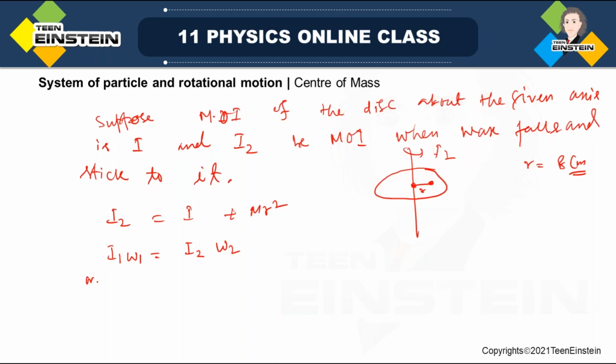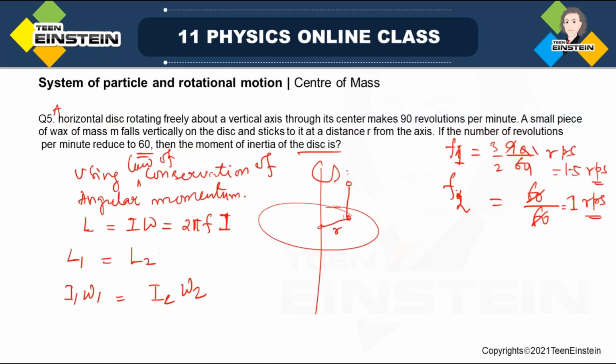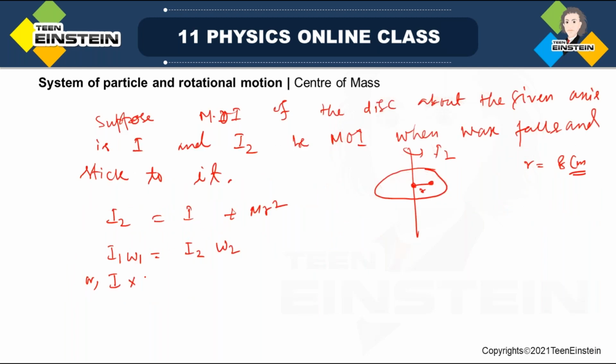So I1 initially was I. Omega 1 is 1.5 RPS, so 2 pi multiplied with 1.5. And this is I plus m r square whole into omega 2, which means 2 pi into 1.